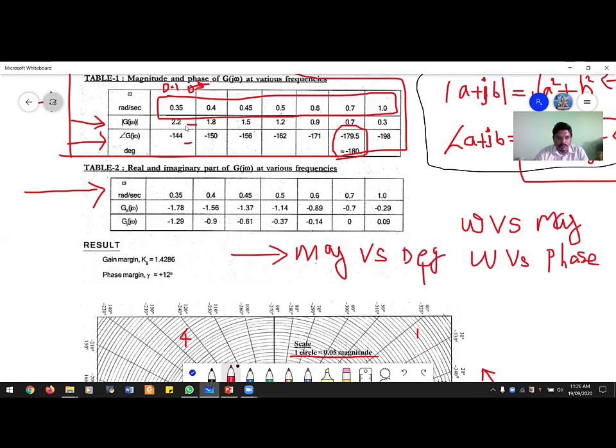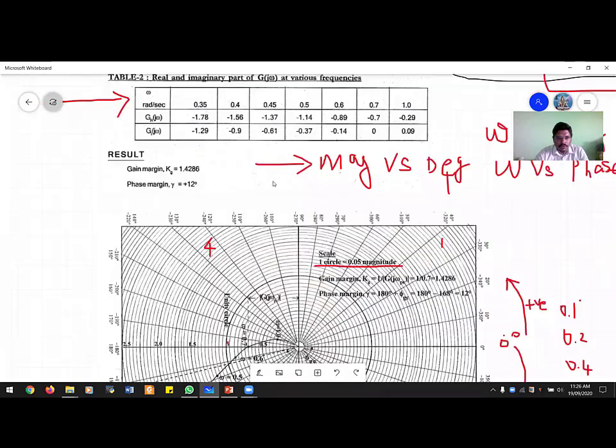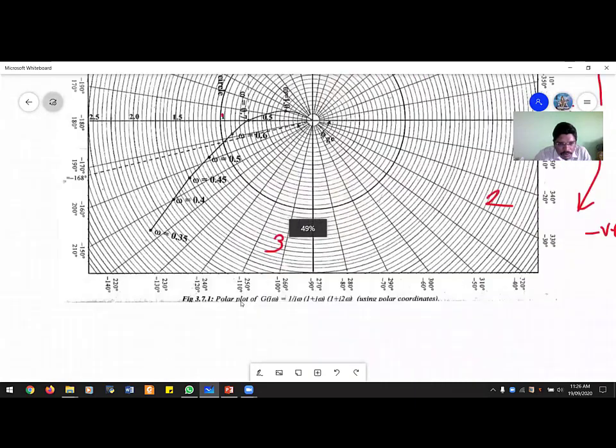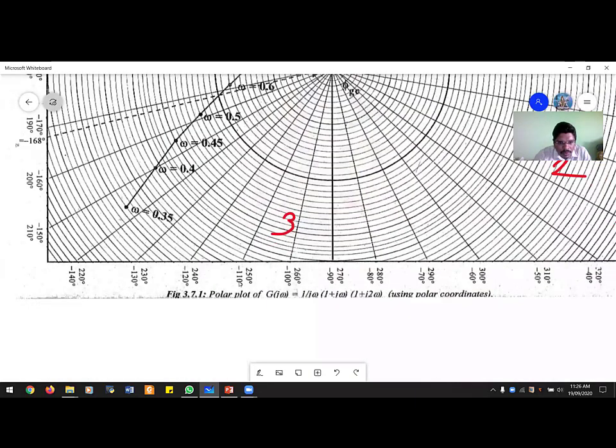Okay, so just to see, magnitude is 2.2, angle is minus 144. So magnitude 2.2 is there. This is 2.5, this is 2. So 2.2 will come in this circle. Okay, the angle value is minus 144. When it is minus 144, you just look at the phase plot. So this is minus 110, minus 130, minus 140.